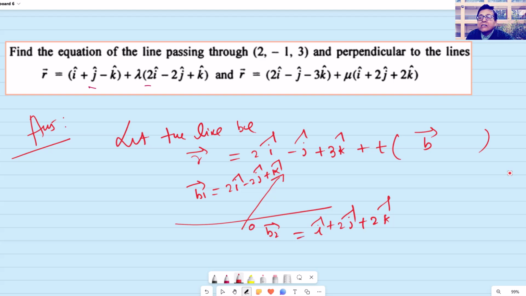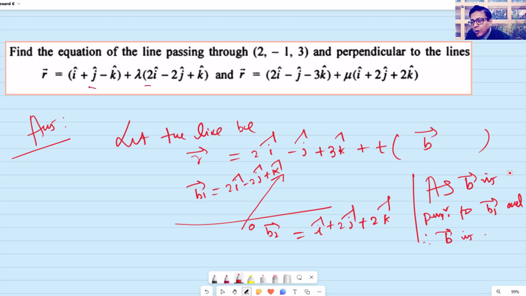They meet at this point, imagine. Now vector b is perpendicular to b1 and b2, therefore b is along b1 cross b2, isn't it?